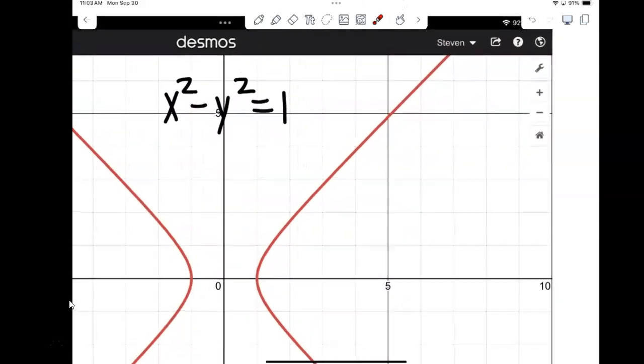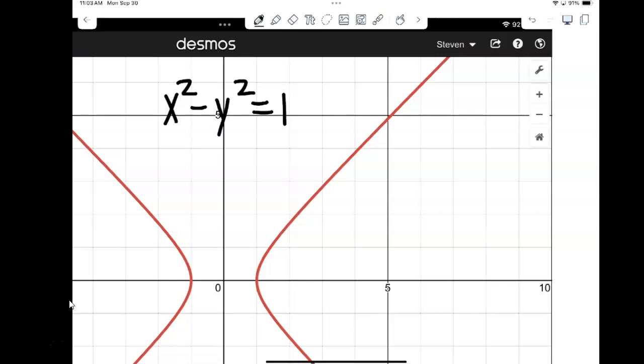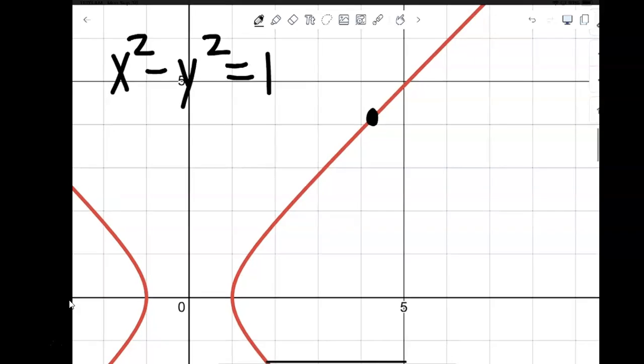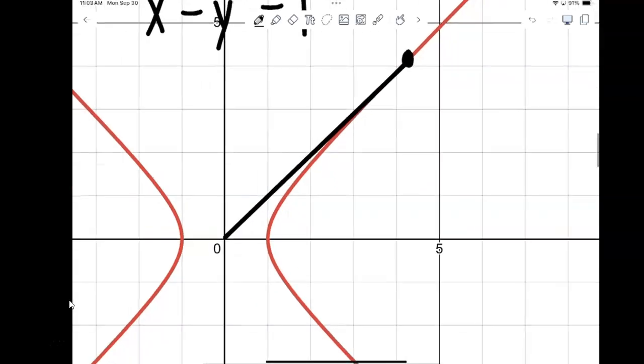So points over here that are related, if I remember correctly, by the area of this region here. If I remember correctly, that's your t.